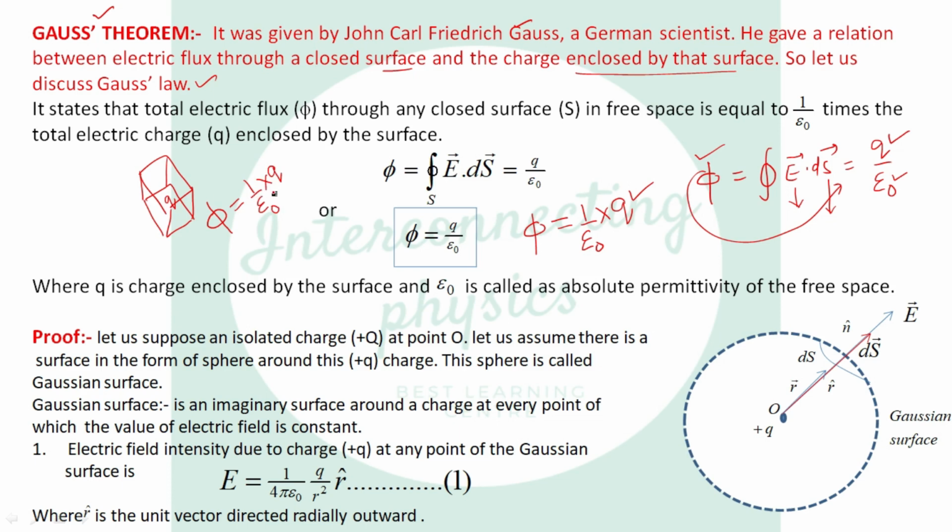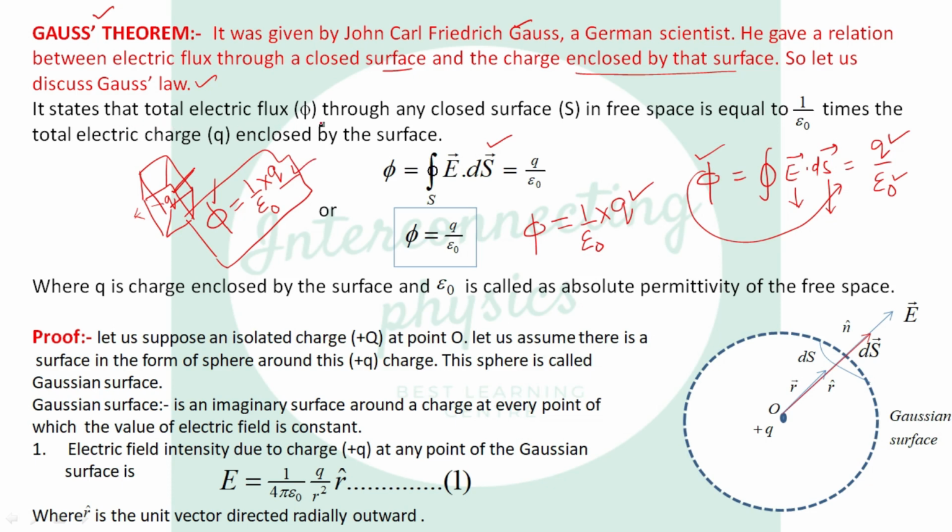We don't bother about the electric field, we don't bother about the area vector. We just take the charge and divide it by epsilon naught and we will calculate the electric flux. So it is the simplest form of calculating the electric flux. Only charge should be present in the closed surface, and only then the electric flux will be Q over epsilon naught.